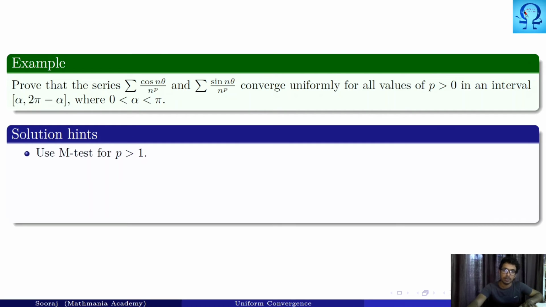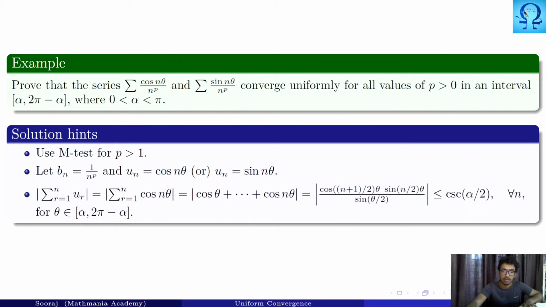Now for the case when p lies between 0 and 1, including 1, we will take bn to be 1 upon n to the power p and un is cos n theta or sin n theta, according to the problem that we are dealing with. And what should be the case with bn? It should be monotonically decreasing, positive and converging to 0. That is happening here. And what about summation un?